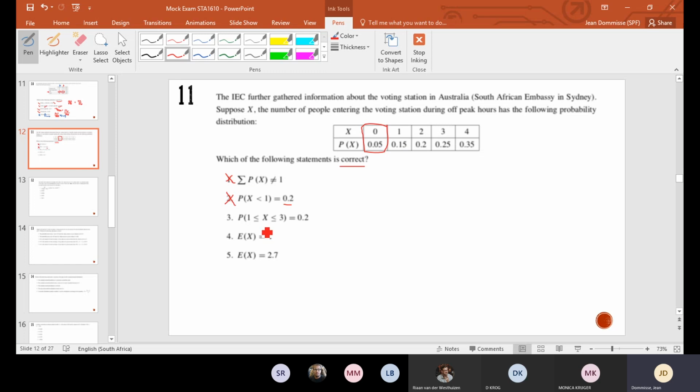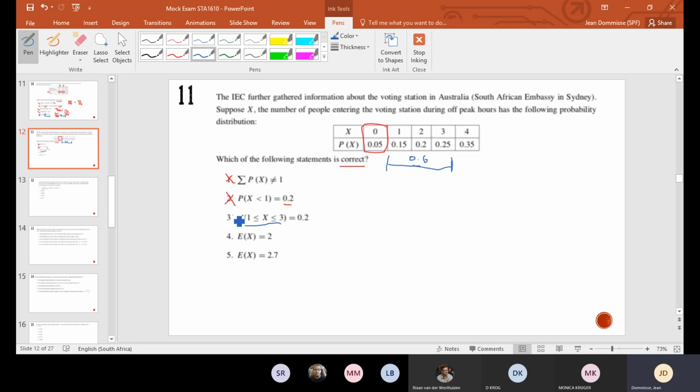Then probability of x bigger or equal to 1. So let's use a different color. Probability x bigger or equal to 1, so it is from there, and smaller or equal to 3, so it is that whole area. And that whole area is 0.6.